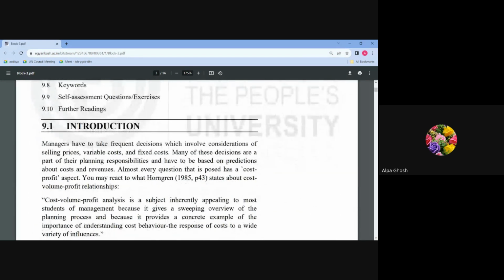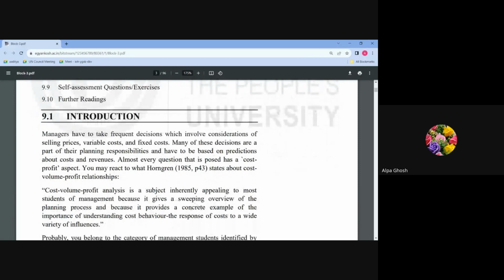If we start with the first part, managers, businesses, and entrepreneurs need to take frequent decisions which involve consideration of selling prices, variable cost, and fixed cost. And I hope these three terms are very clear to everyone.